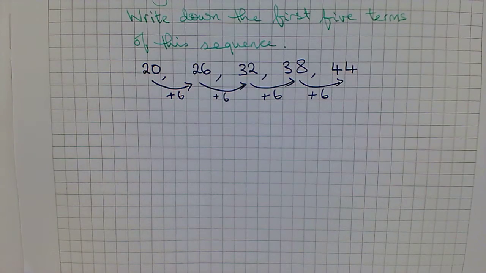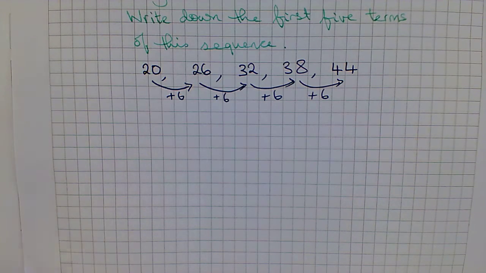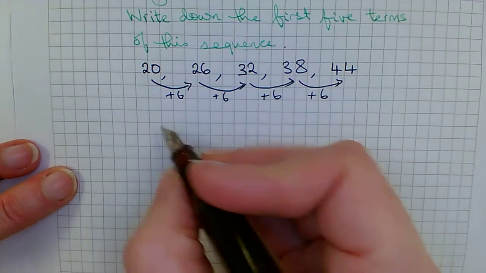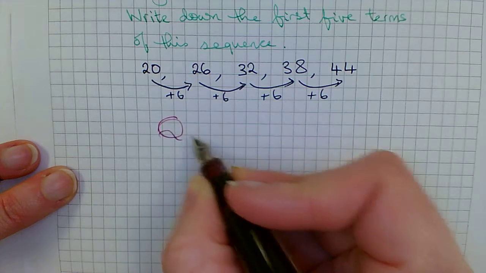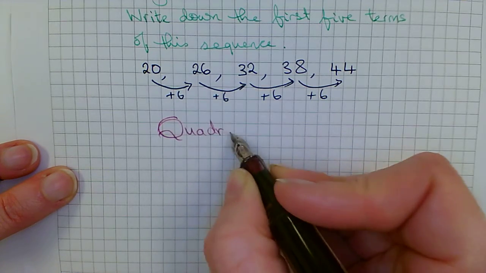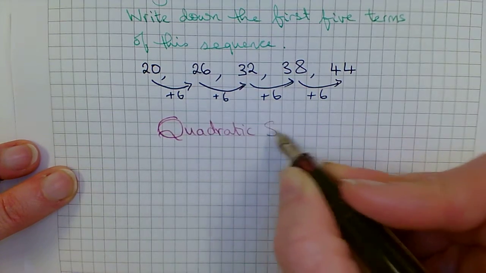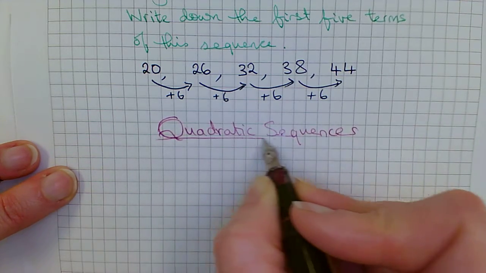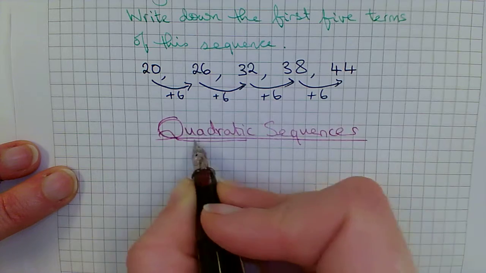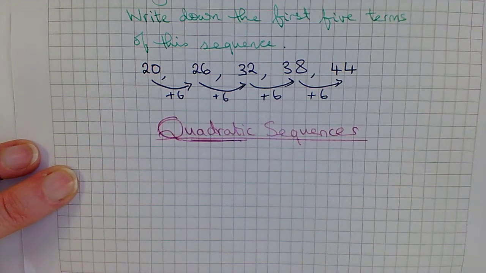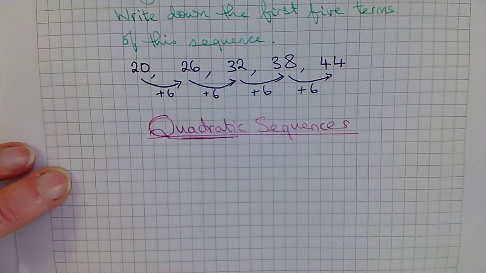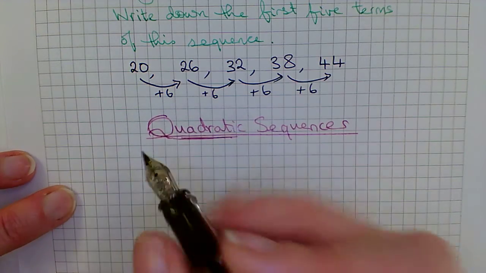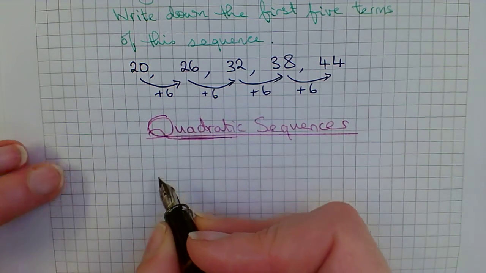Now, I want to introduce a new type of sequence, which is non-linear, and that is a quadratic sequence. We'll be doing quite a lot of work with these in our lives, so pay attention to this word. You're going to see it a lot over the course of your mathematical career. The first thing we want to say about them is that they are not linear.